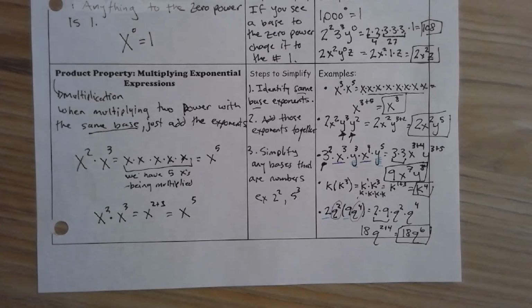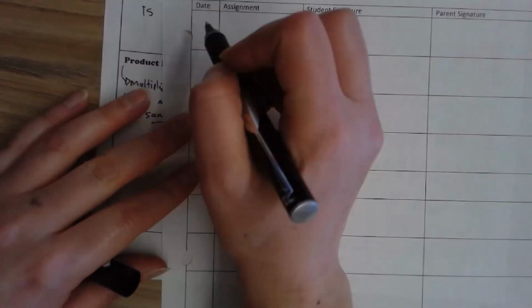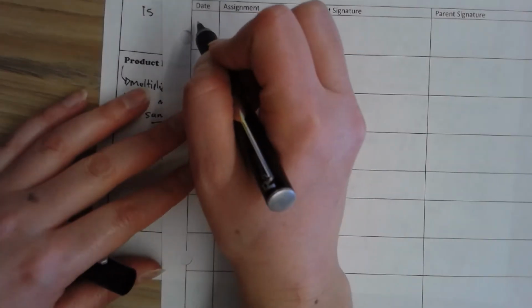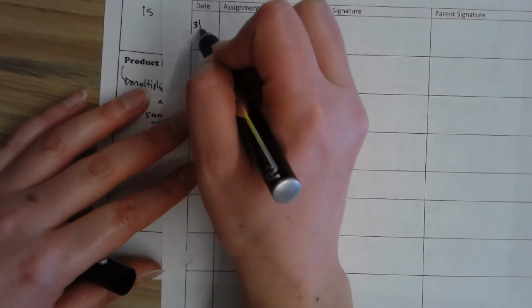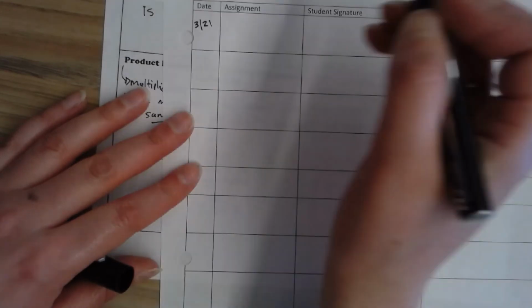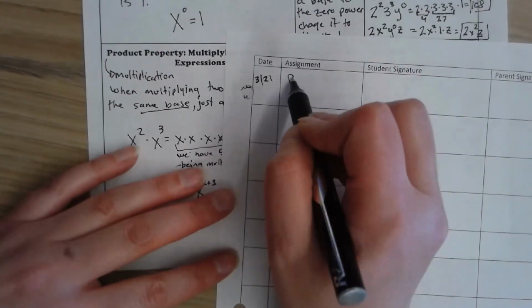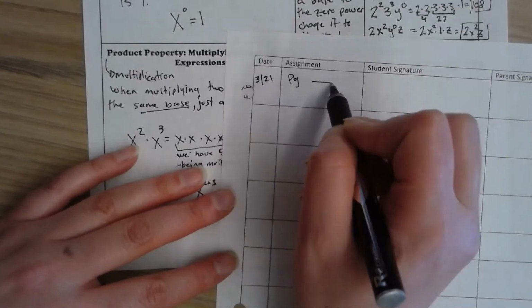Also, your assignments, make sure you are filling out this paper, okay? So remember, you're filling out this paper for your assignments. You should have something like today's date is 3/21. My assignment, you'll put the page number of your book assignment, which this one will be.